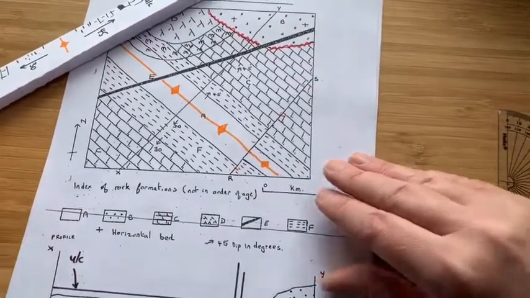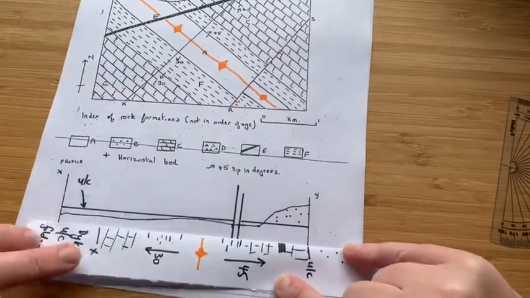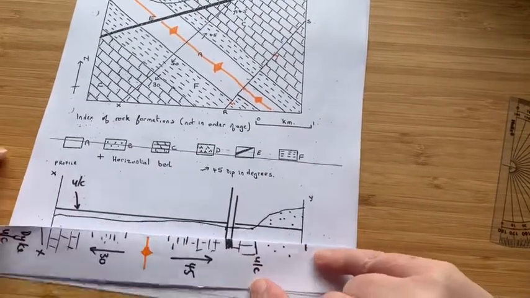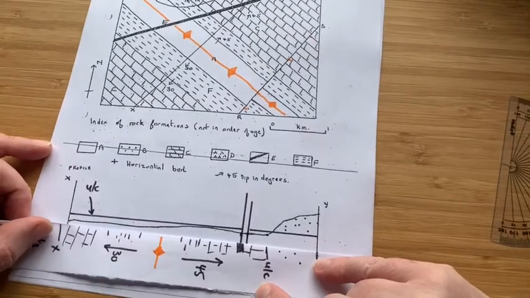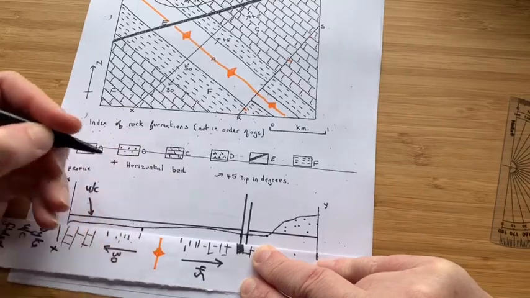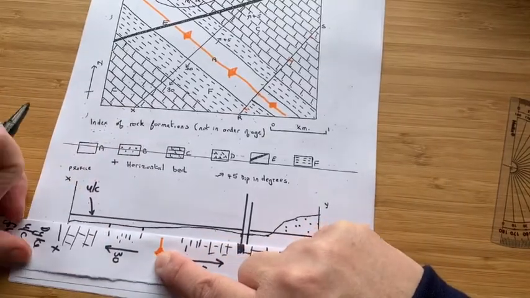Next thing I'm going to do is mark on the folded layers. So I'm going to start on this side where I know I've got all the boundaries exposed at the surface. So this one is going that way at 30 degrees. So this boundary here.